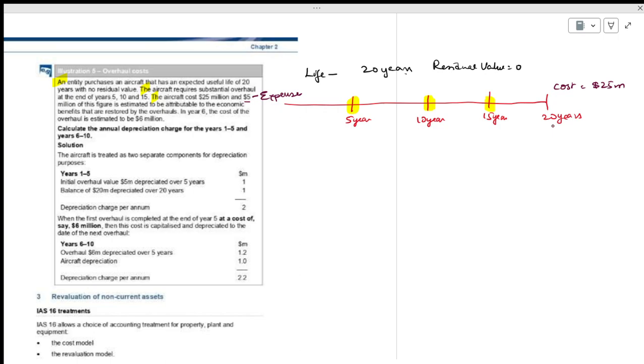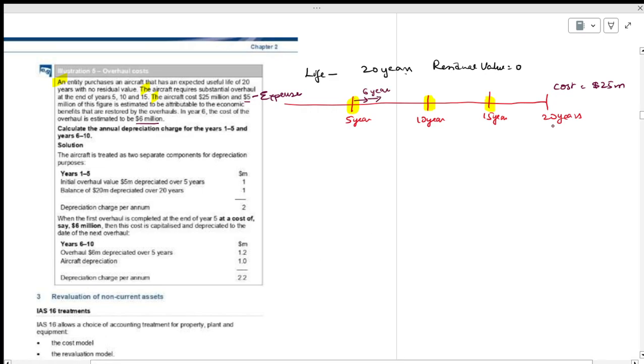In year 6, the cost of overhaul is estimated how much? Year 6, at the end of 5 years, from here you will start the 6th year.